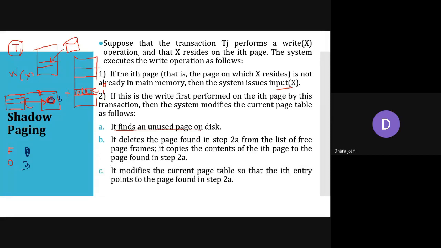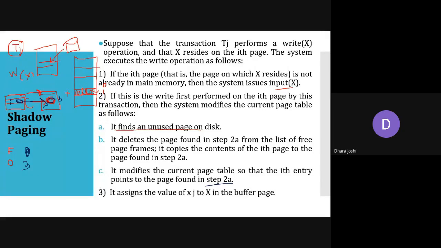It modifies the current page table. Suppose we want to store the data item here. It will change the pointer to point to that free page, which we have just found in step 2A. So it modifies the current page table so that the ith entry points to the page which was found free in step A, which is unused.